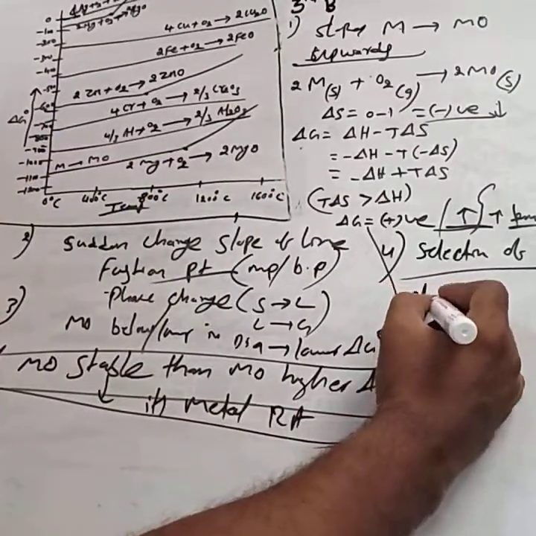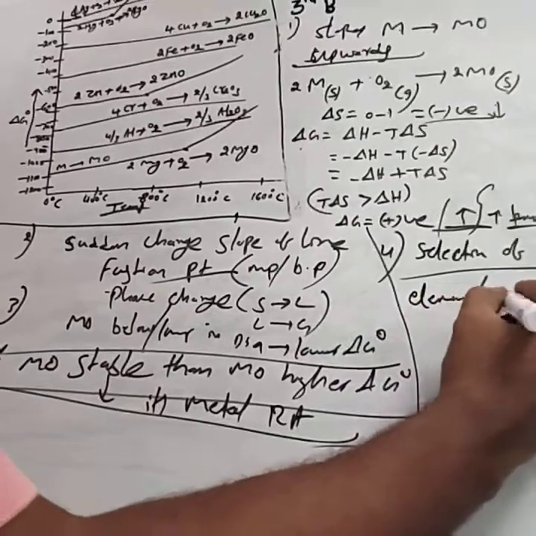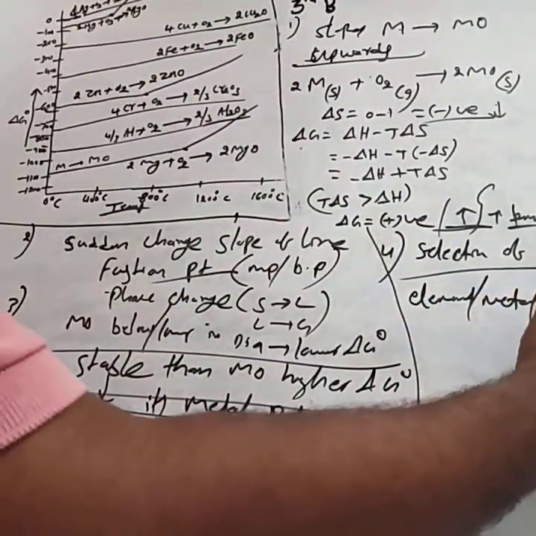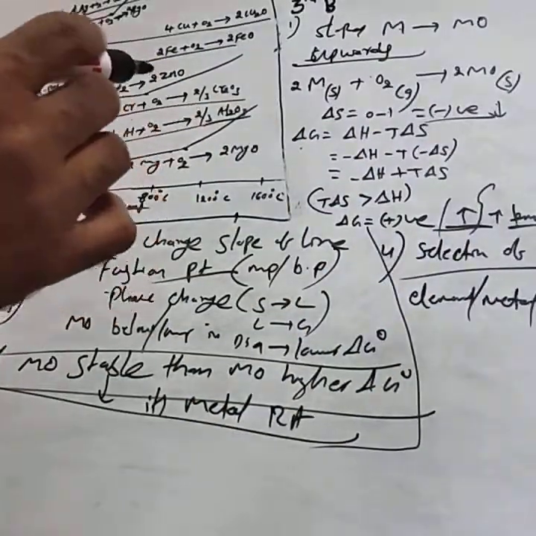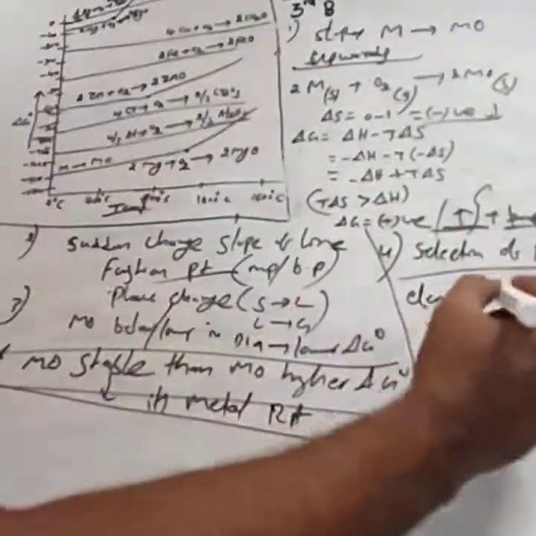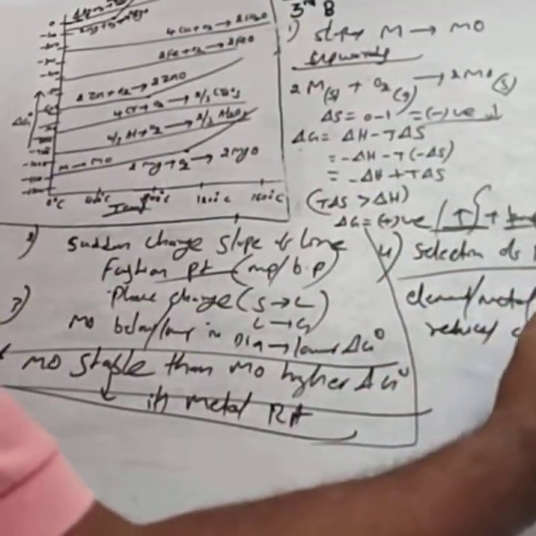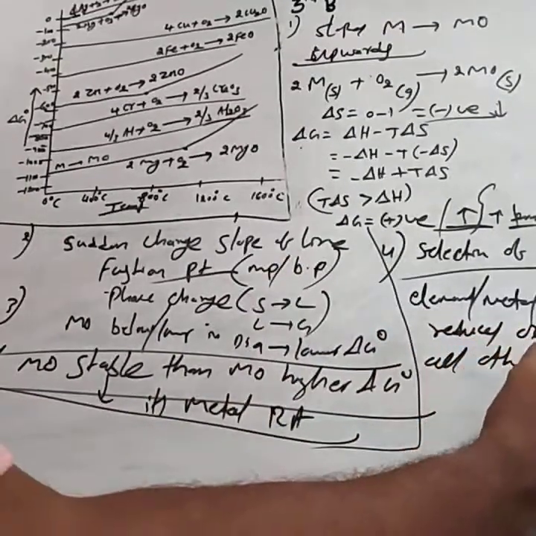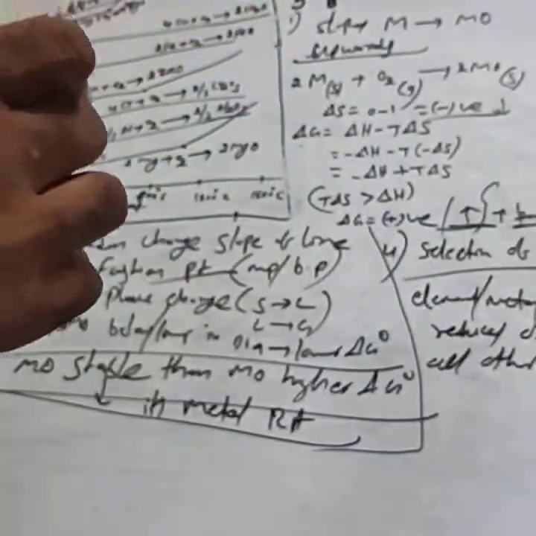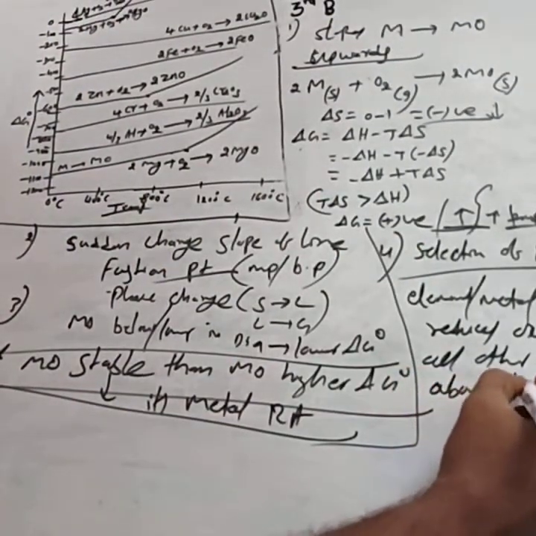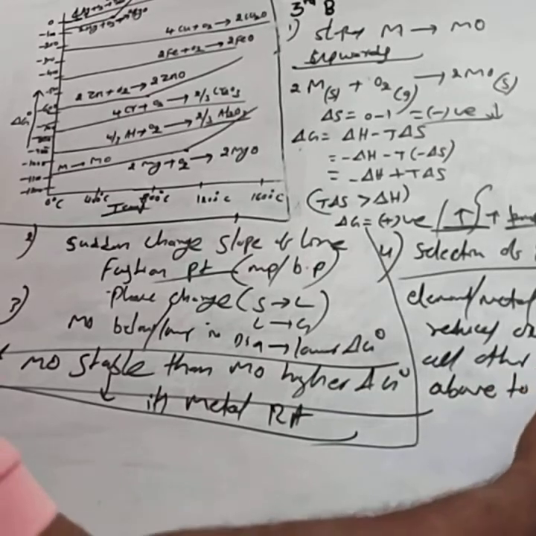According to the Ellingham diagram, any element or metal is a reducing agent. Any element or metal reduces oxides of all other metals which appear above it in the diagram.